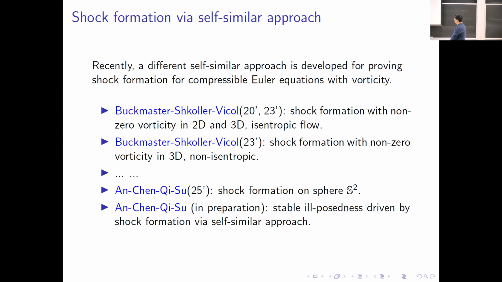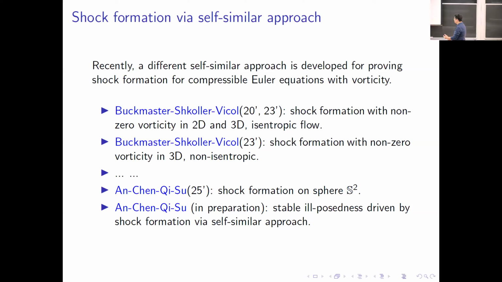This approach is by first Buckmaster, Shkoller, and Vicol, and they proved shock formation for 2D and 3D, with results by their group later, right? Recently, with Haoyang Chen, Fulin Qi and Wenzhe Su, we used this method to do something that we found maybe interesting.